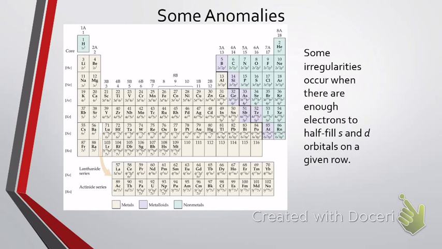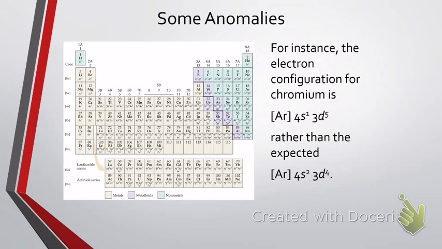So to reiterate, irregularities occur when we have enough electrons to half fill the s and half fill the d orbitals on any given row. This happens the most when we're talking about the transition metals, and also within the lanthanides and the actinides.